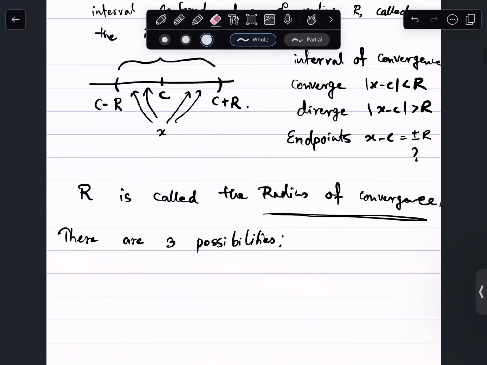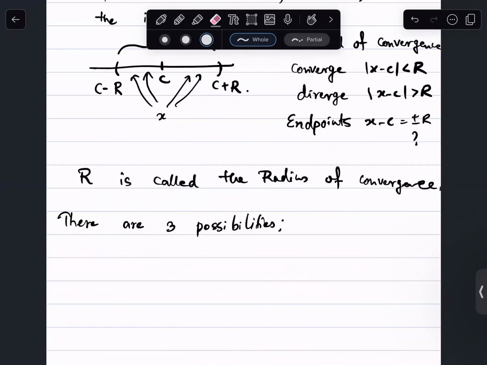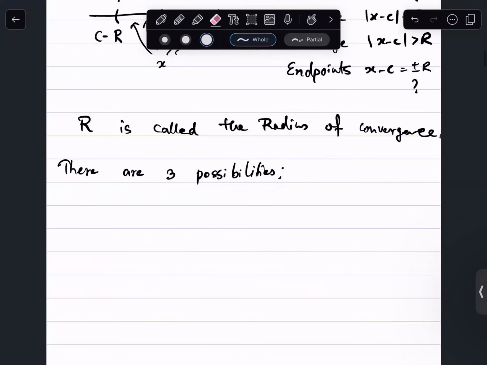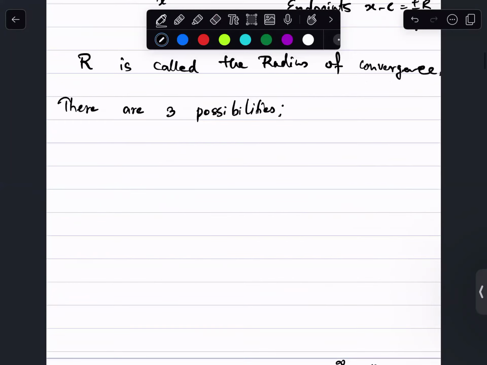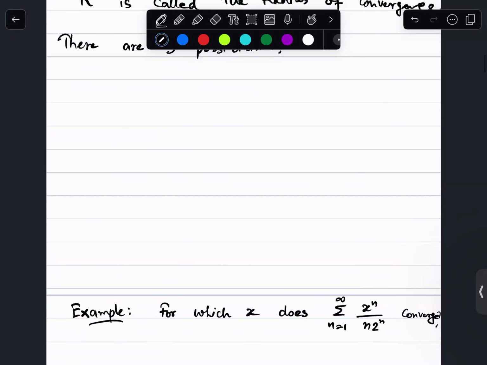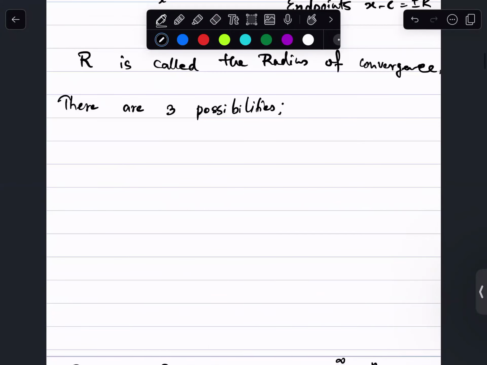Okay, let me move on. So there are three possibilities when we try to evaluate the radius of convergence for a particular series. R might be finite.